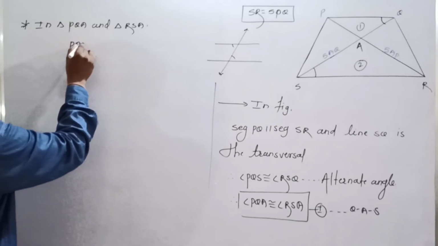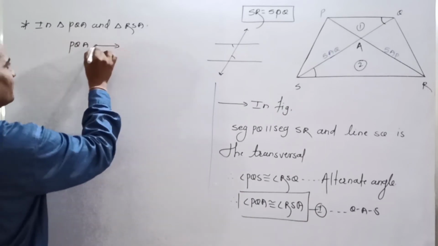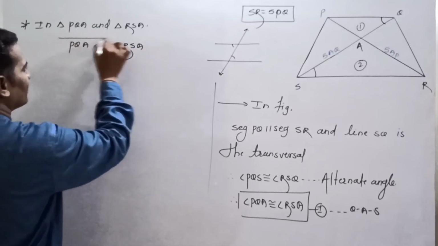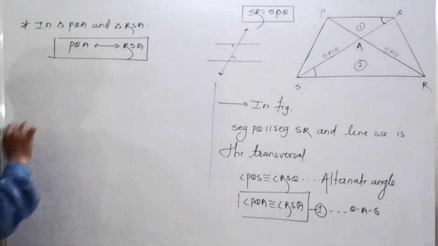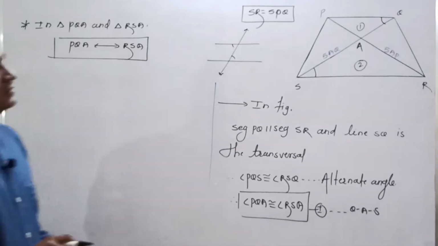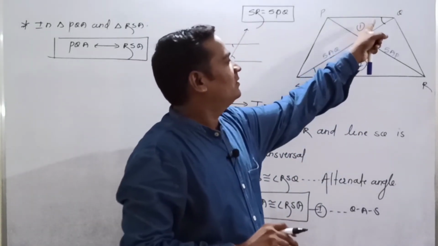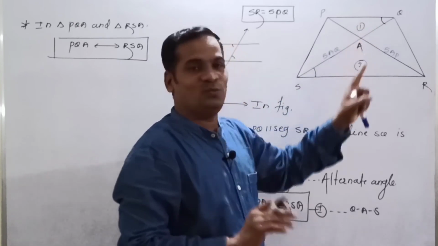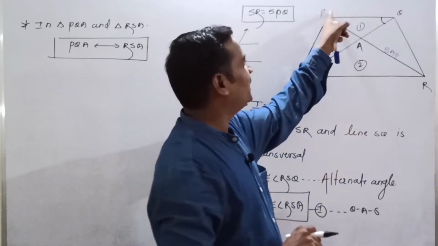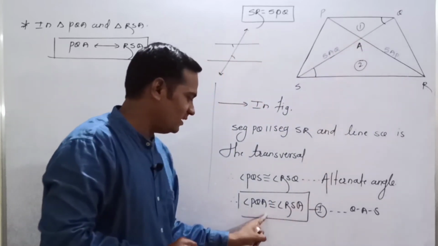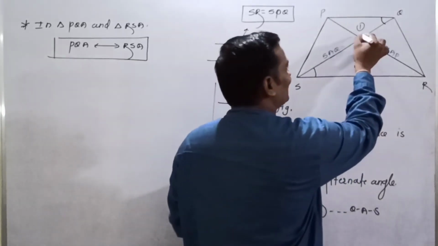So let's check by using the angle test. Look at which two angles are congruent, PQA and RSA. Look at the first angle and this angle.